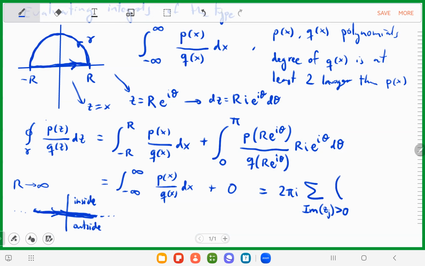Sorry, I forgot the word. So all the residues of what? The residues of the function p divided by q at all the singularities that are inside the contour, which are the points that have imaginary part larger than 0. Do you agree?